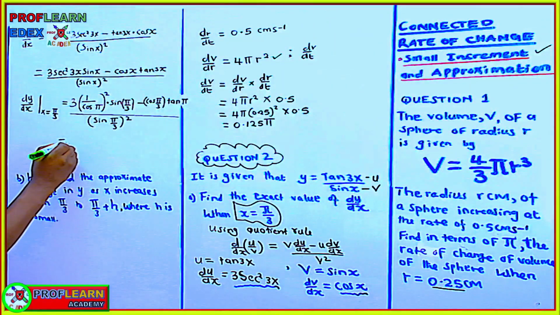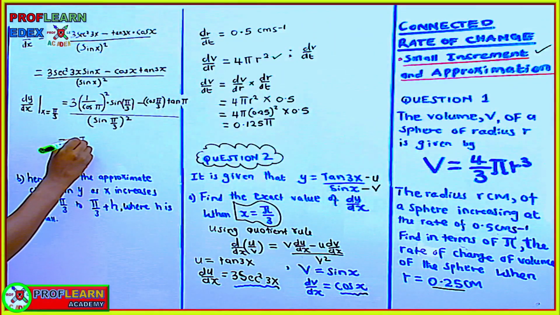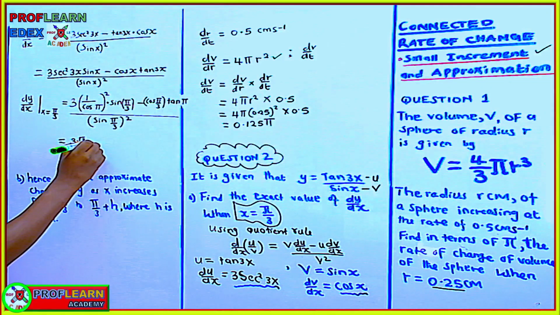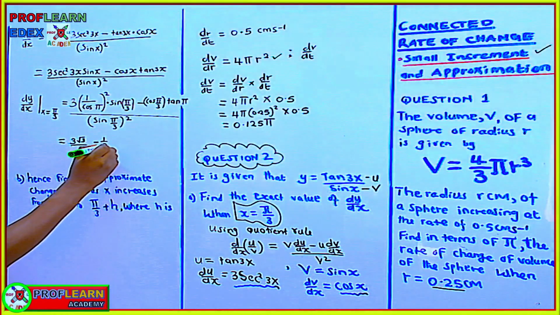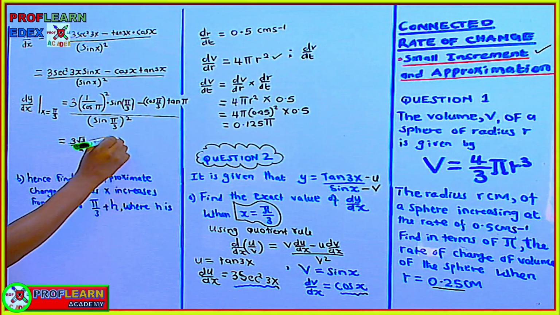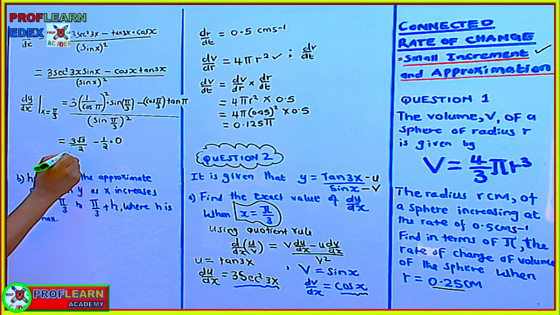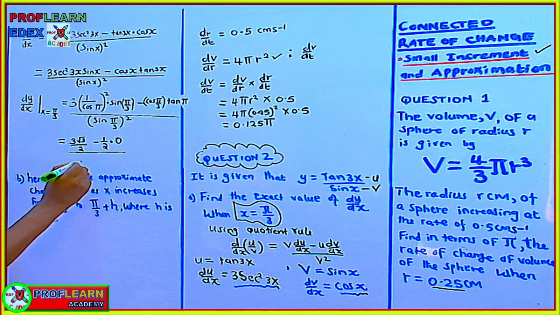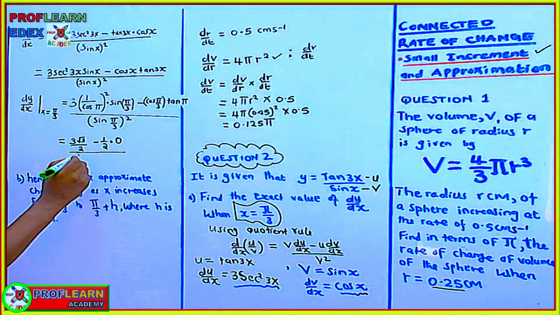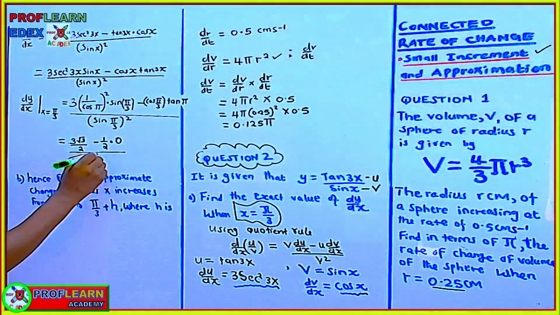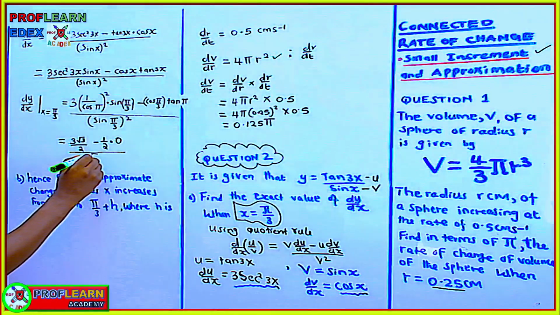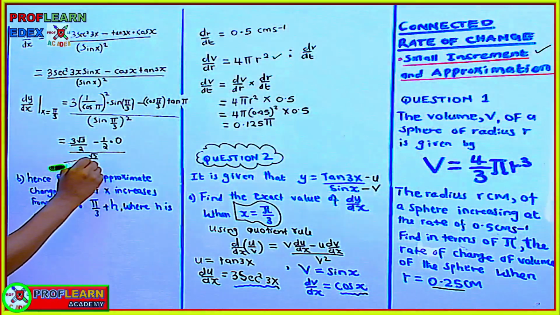This is going to be 3 root 3 over 2 minus 1 over 2 times 0, because this part will be 1 over 2 and this is going to run to 0, and I divide everything by root 3 over 2.